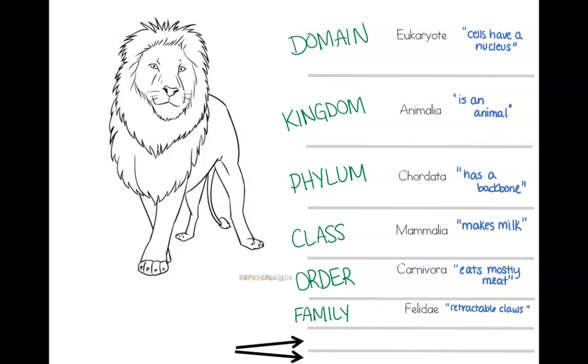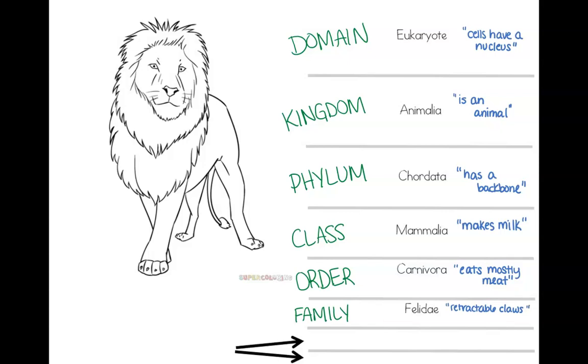So that means that they have claws that can go in and out of their foot. Some people might have pet cats that you have tried this with. If you just give their paw a little squeeze, you can actually make the claws come out of their foot if they have claws. Okay, so that's even more specific to this particular living thing, being a lion.